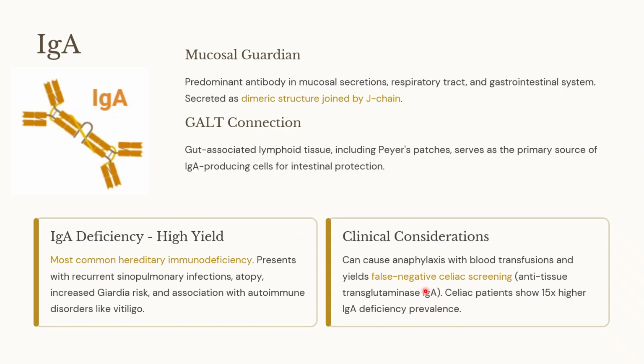When that person is already having an IgA immunodeficiency, then anti-tissue transglutaminase IgA is also not going to increase. Therefore, even though they are suffering from celiac disease, the anti-tissue transglutaminase IgA is not increasing, thereby providing a false negative celiac screening.